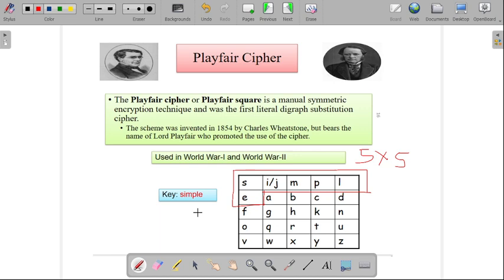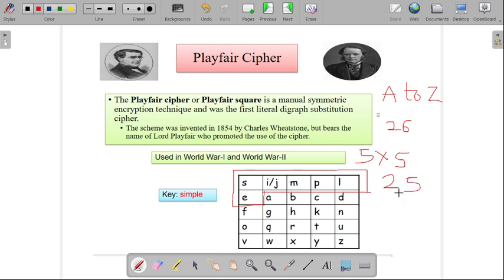Suppose in the given example, the key is SIMPLE. So how will the letters be placed in the 5 by 5 matrix? In our alphabet, there are 26 characters from A to Z. But in a 5 by 5 matrix, we have only 25 blocks.